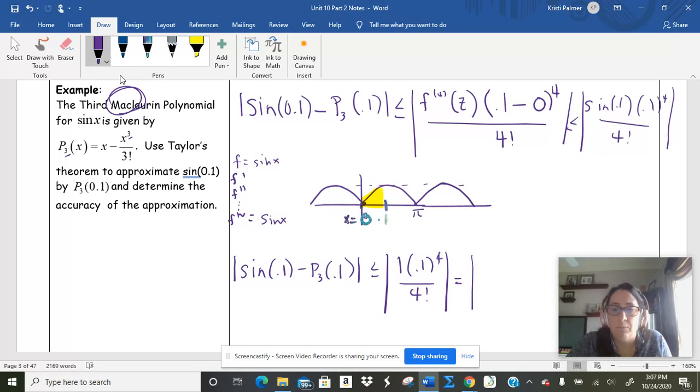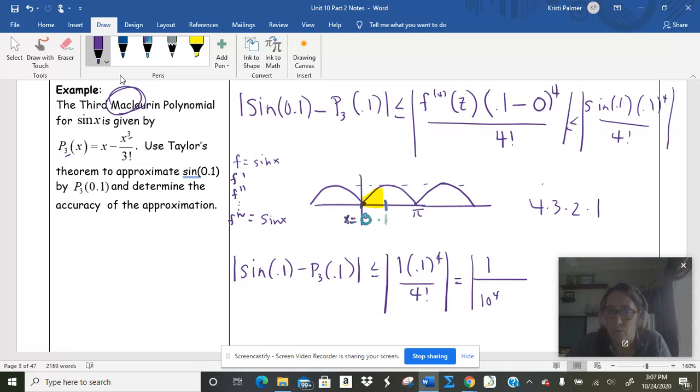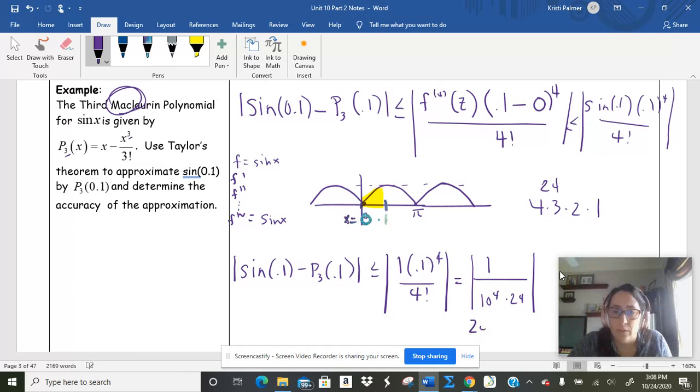That'd be 10 to the fourth down there, and then 4 factorial, 4 times 3 times 2 times 1, right? 4 times 3 is 12, 24. And then you can make that really small. Okay, so yeah, it's a really, really small error.